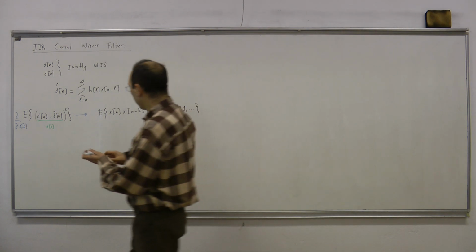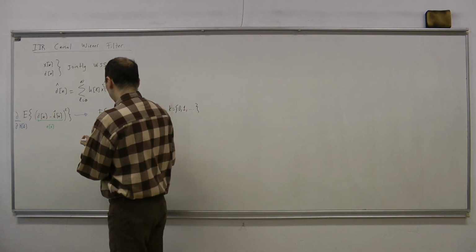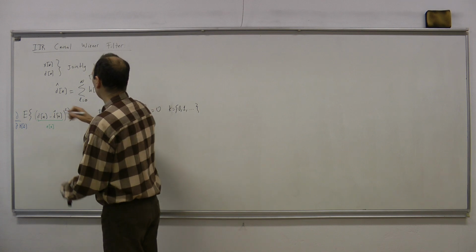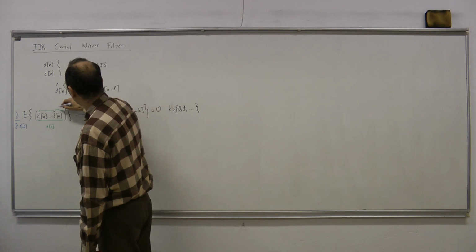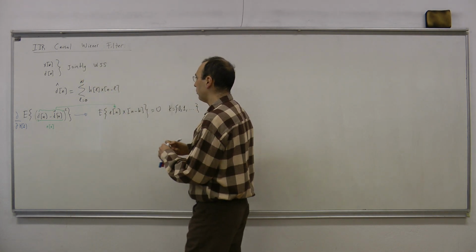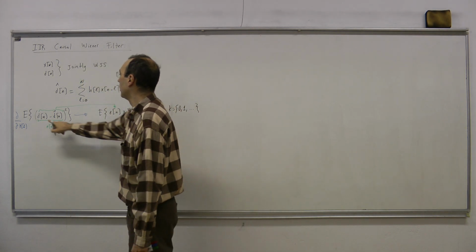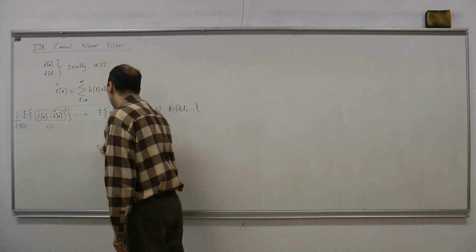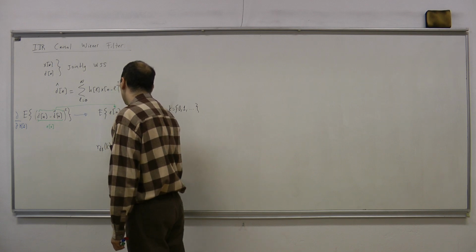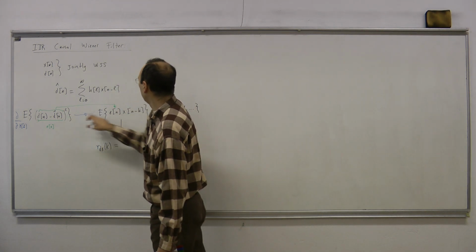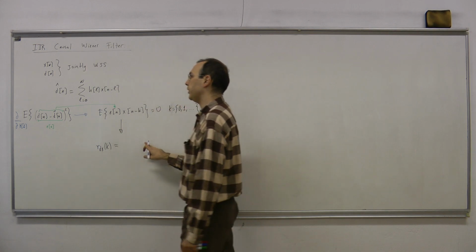So what should I do? Now I'm inserting the error definition over here. And what do I get? So d of n times x of n minus k. After expectation, that becomes r_dx of k. Then d hat of n times x of n minus k on the right hand side.